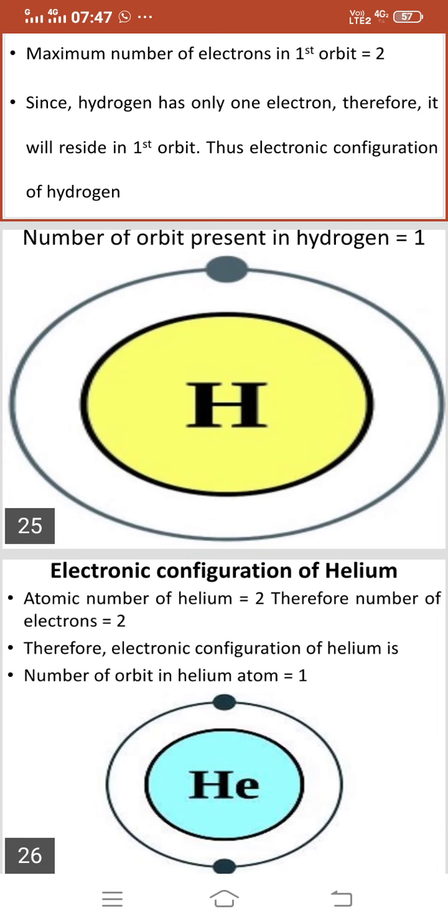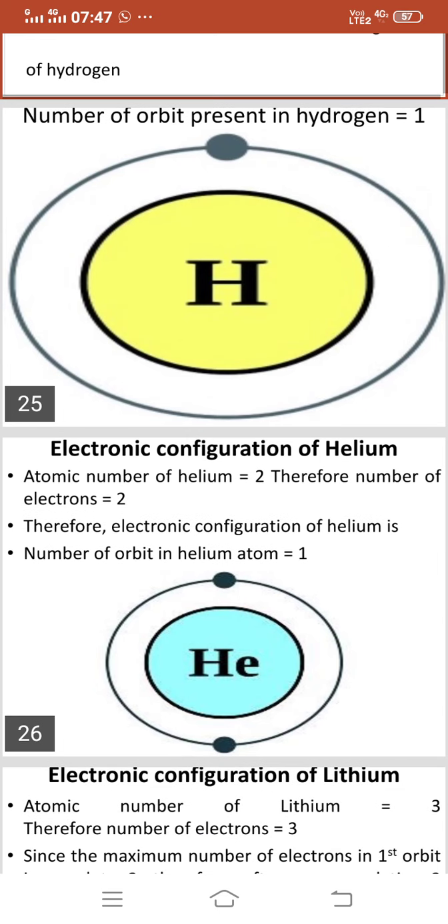Electronic configuration of helium. You can see in this particular slide the structure of the helium atom. The atomic number of helium equals 2. Therefore, number of electrons equals 2. The number of orbits in a helium atom equals 1.